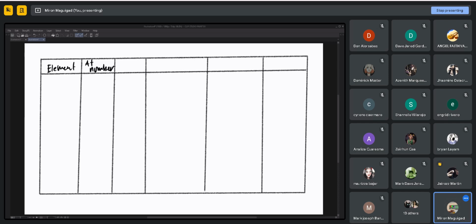Atomic number, mass number, number of protons, number of electrons, and number of neutrons. Saglit lang.